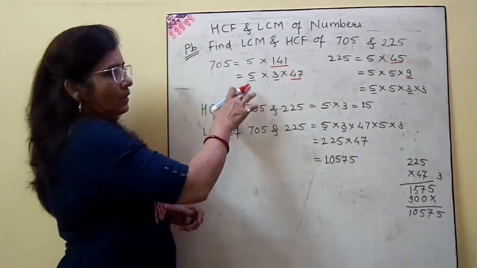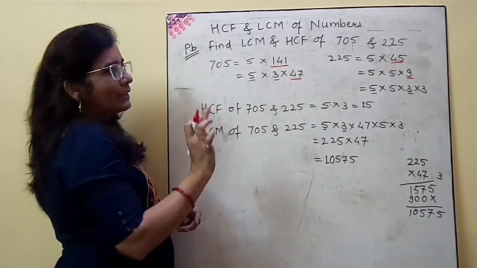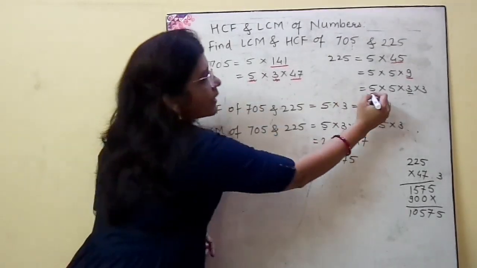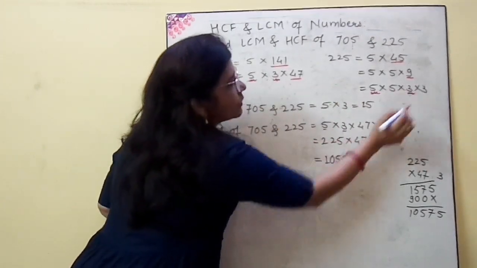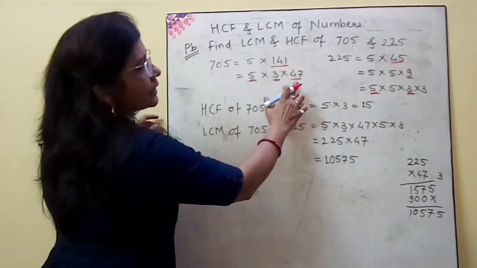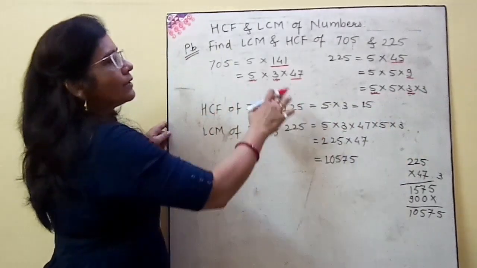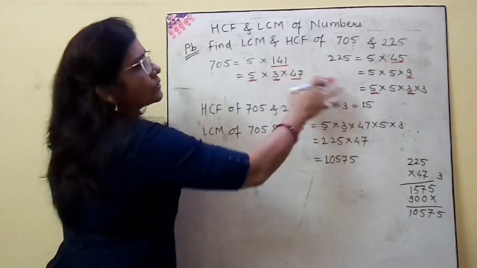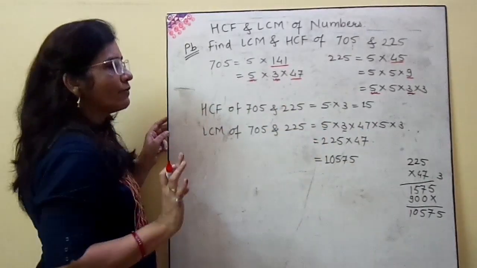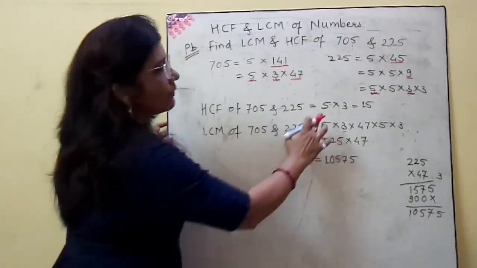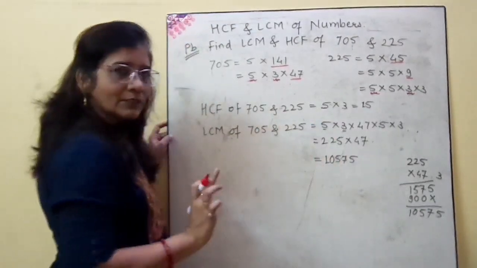Now we underline the common factors, 5 and 3. Here there is 47, but there is no 47 in 225, so there is no common factor other than 5 and 3. So the HCF of 705 and 225 will be 5 into 3, that is 15.